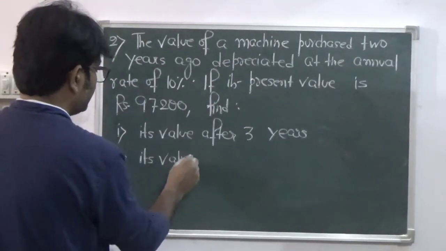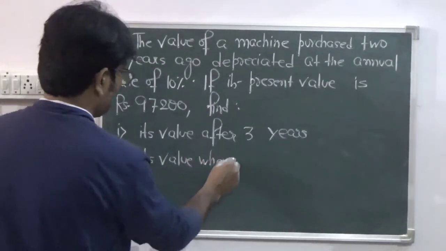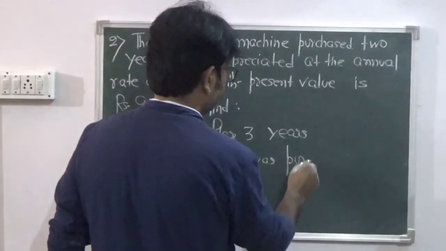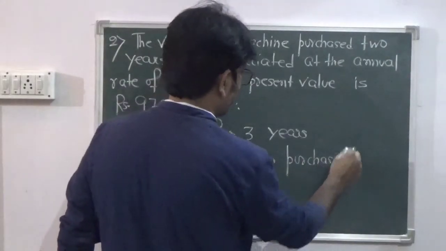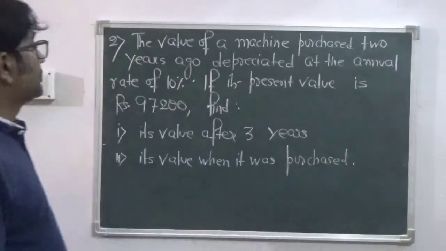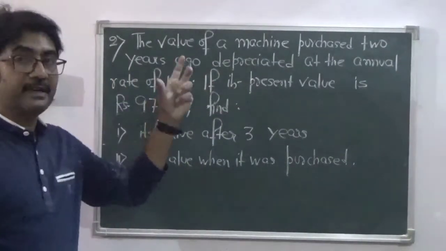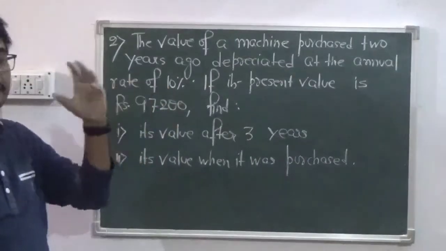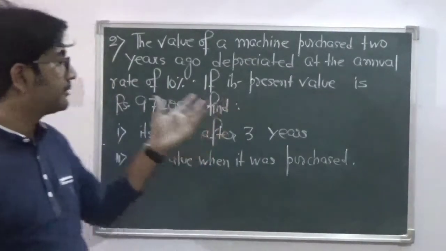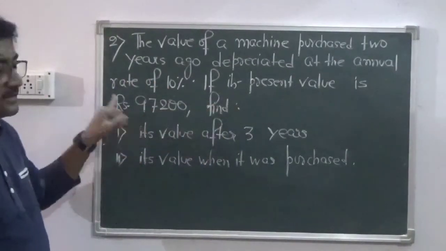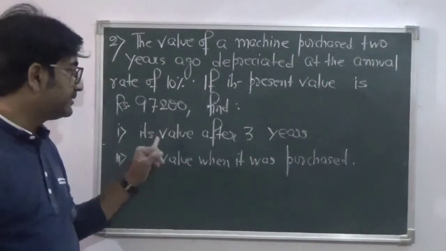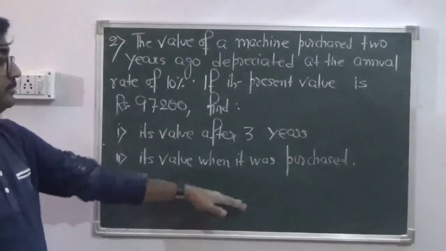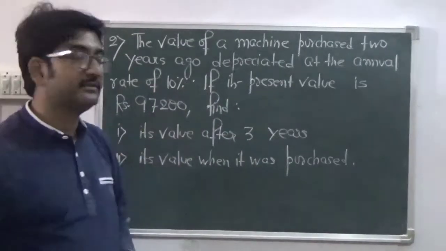So the machine was purchased 2 years back and depreciated at the annual rate of 10%, meaning the value decreases at the rate of 10%. Present value is given as 97200, so what would be the value after 3 years and what was its value when it was purchased 2 years back?